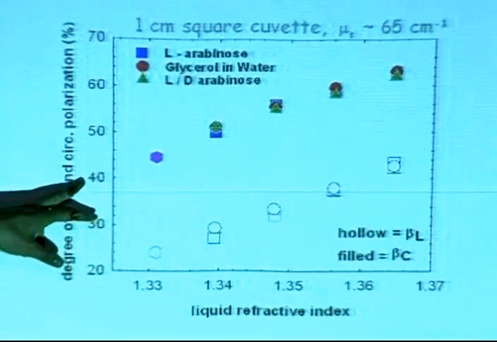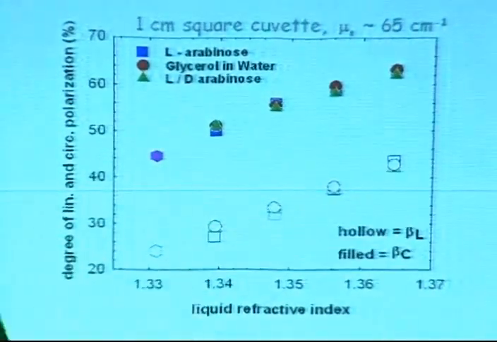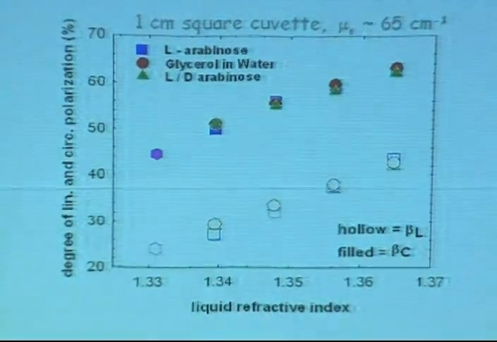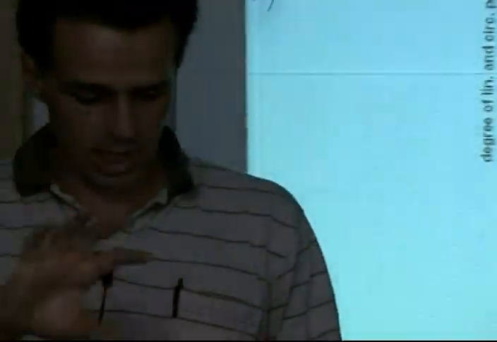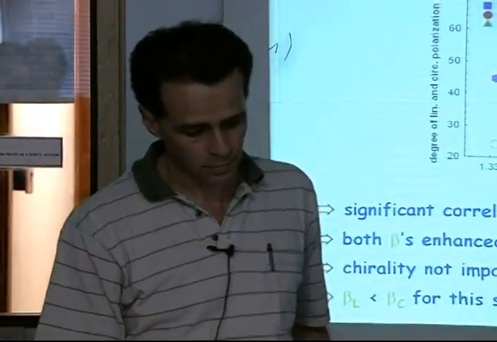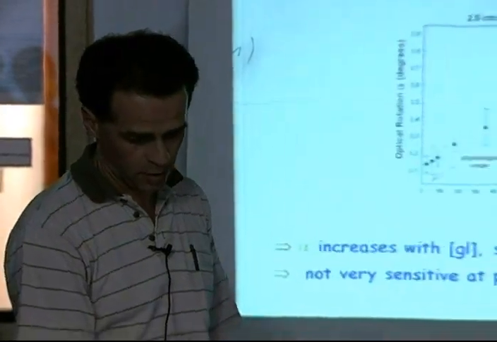This is circular polarization retention, and this is linear polarization retention. So it really implies that what we're measuring is just refractive index matching. It doesn't matter whether the glucose happens to be optically active or not, at least for polarization retention. And this, of course, depends on the tissue properties, etc.